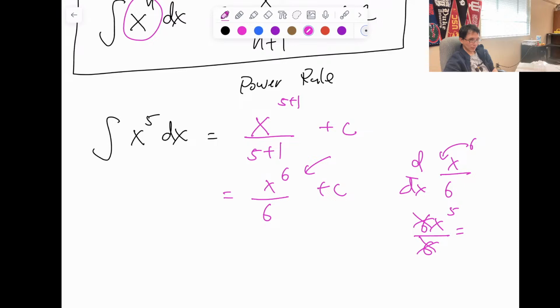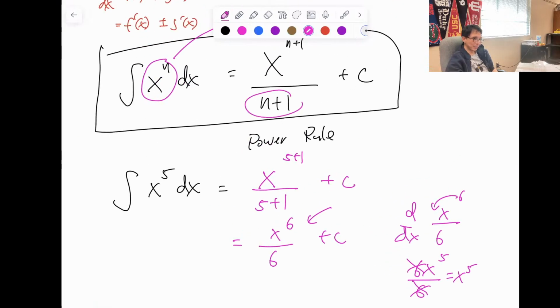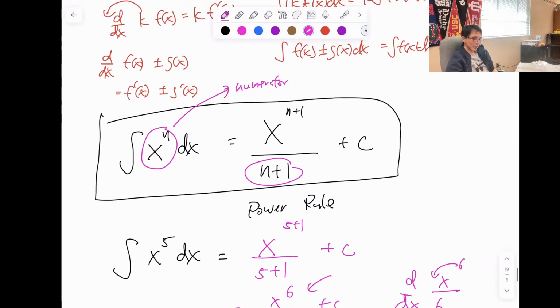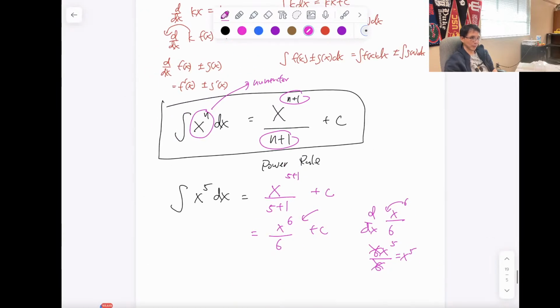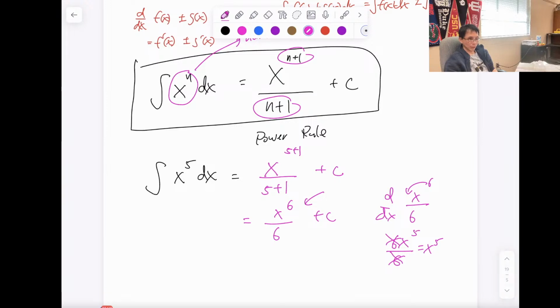Is it always going to cancel out? Oh. And that's why you must have an n plus 1 on the bottom, and this is n plus 1 here. No, this is a derivative, so there's no plus c. If you integrate, you're going to have plus c. But if you take a derivative of that, you should go back to before.